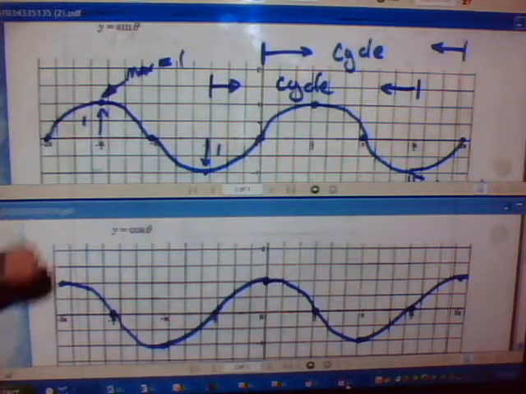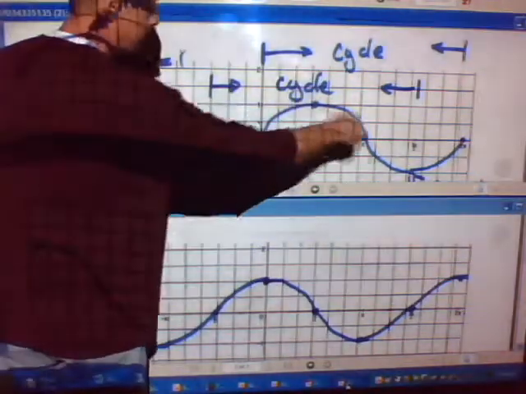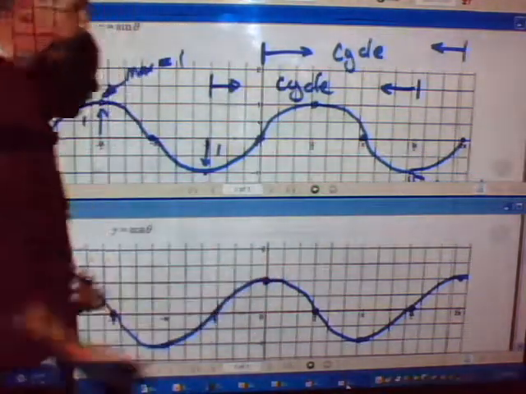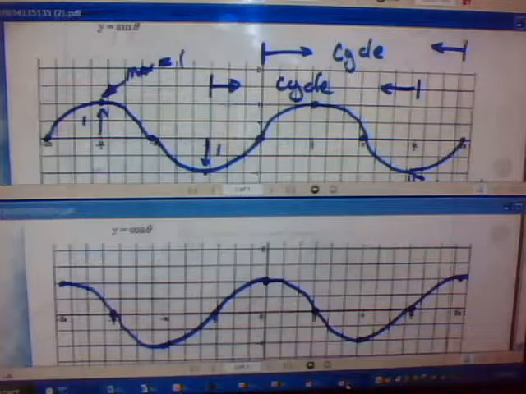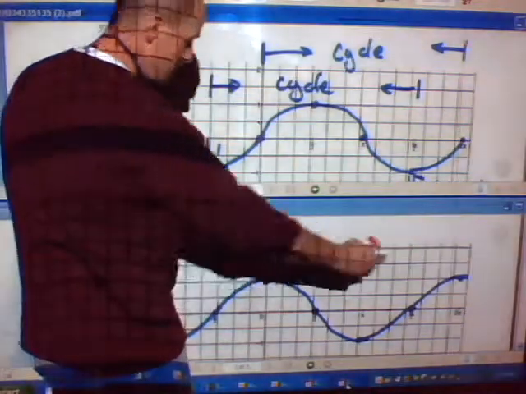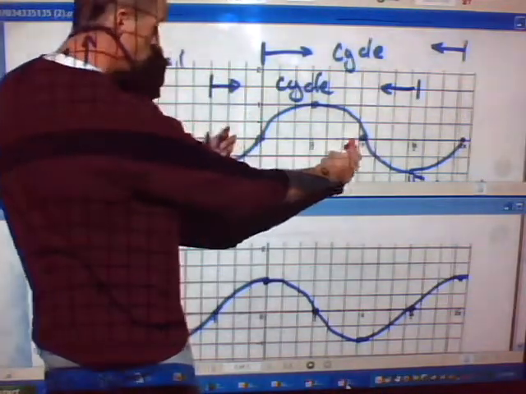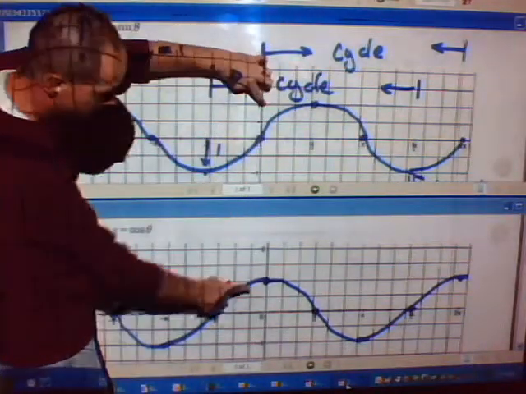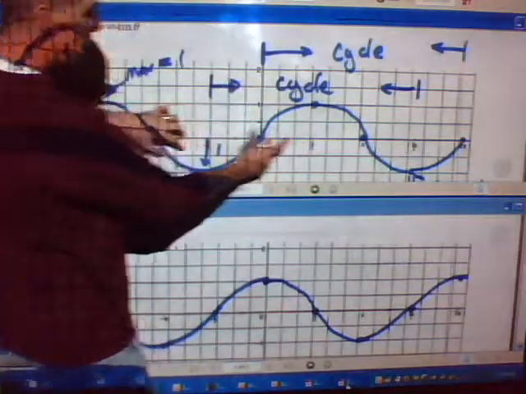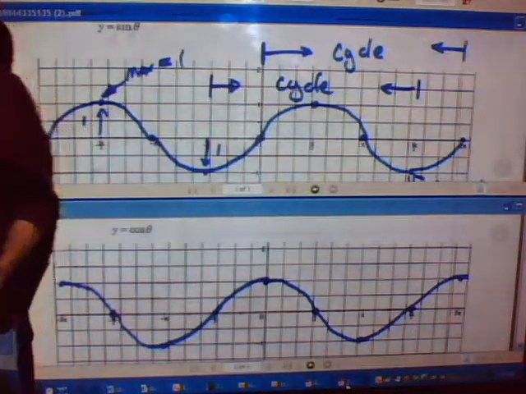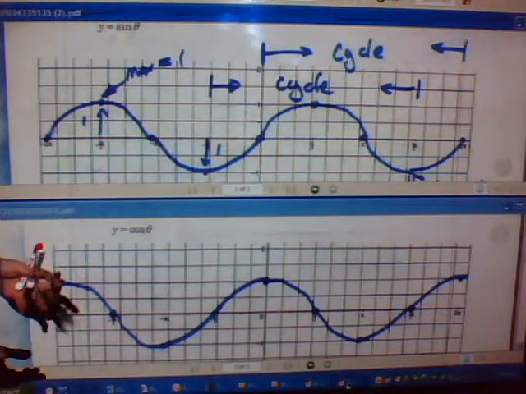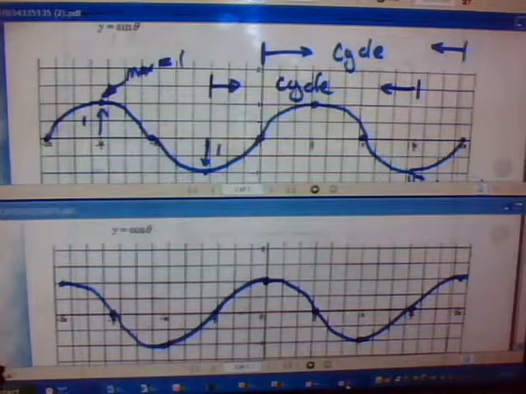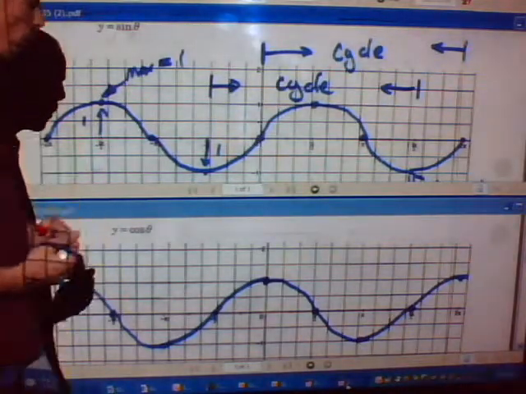So in order to do that, let's look at the two graphs that we graphed. Here's the sine graph, and here's the cosine graph, and you can see they basically look the same. Really, the only difference is that if you shift this graph back a little bit, then this point can come here. So this whole graph is just shifted off to the side. Now, the way we can really tell the graphs apart is to look at the origin.